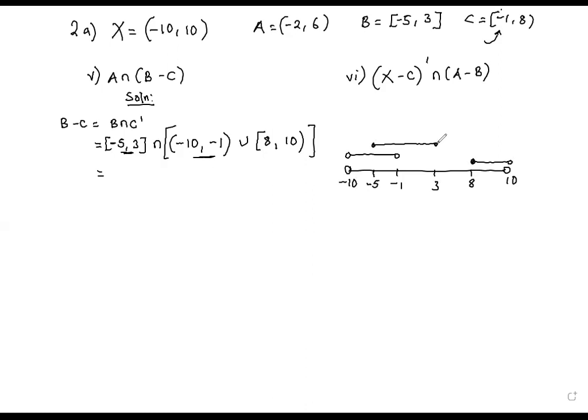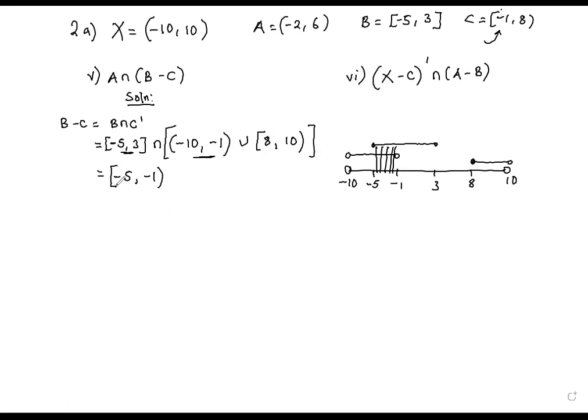So we want the intersection. So you see, the intersection is here. So the solution is going to be negative 5 to negative 1, negative 1 not included, negative 5 included. The answer we have found is B minus C.